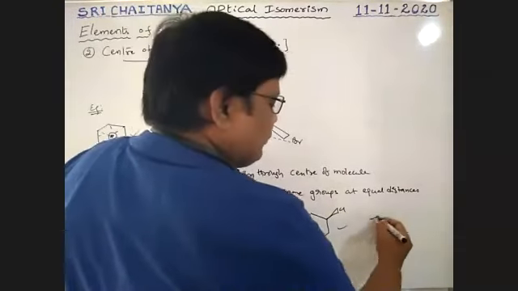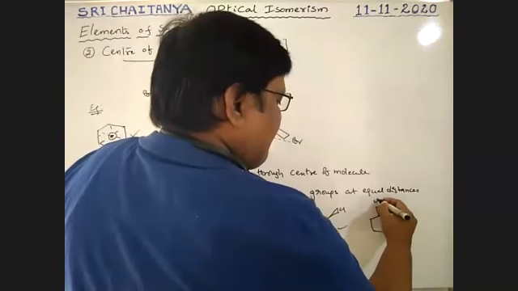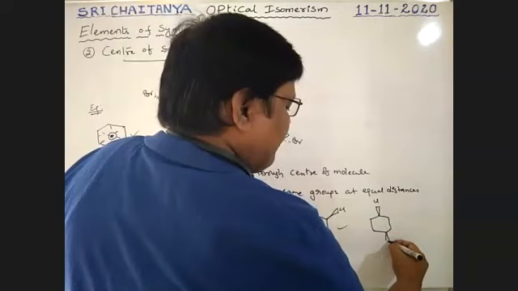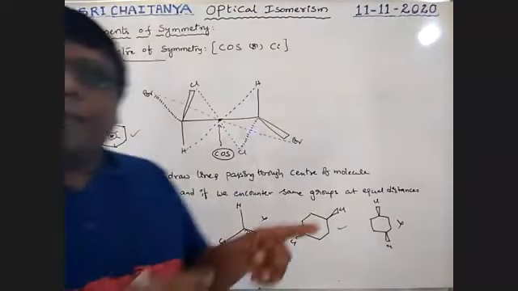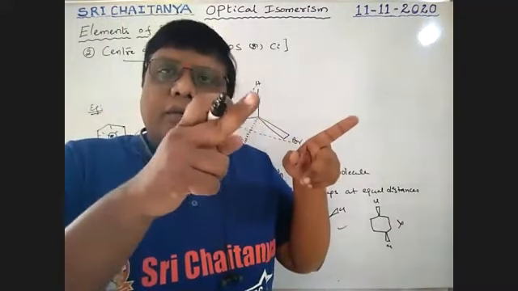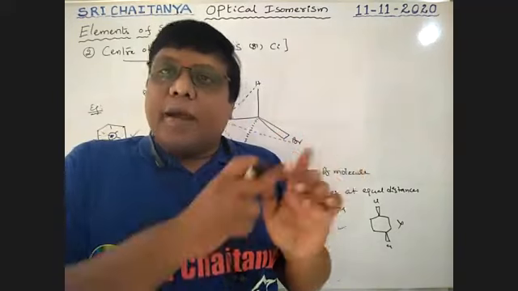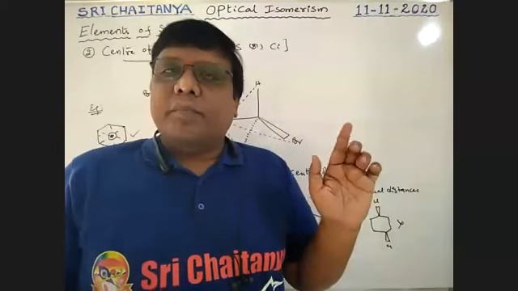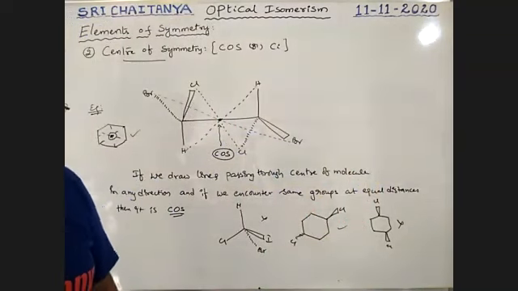Next. Both are above the plane, please assume. So it has no center of symmetry. Exactly opposite, we should reach the same atom, boys. But opposite, there is no same atom. So therefore, it has no center of symmetry.